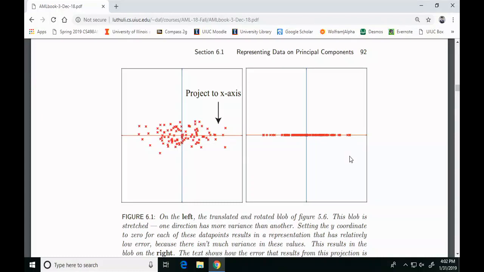And if we do that, we're going to get something like this, where it's now embedded along a line on a single axis. We might retain multiple components. So if we have some high dimensional D space, maybe we choose S, I think we said S in the book, as the number of components we're going to retain. And the rest of them we're going to zero out. So this is going to result in a much lower dimensional data set, depending on how much you zero out.